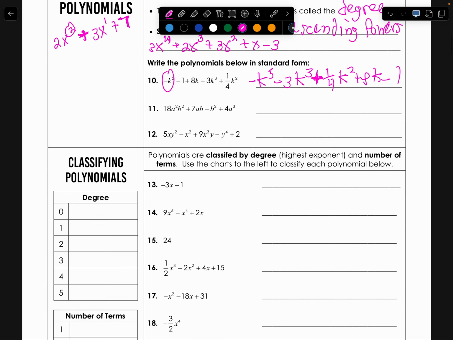Okay. Here, I'm looking at the a's and then the b's. So it looks like I've got an a cubed first, because a comes before b, right? 4a cubed. The next lower is an a squared.